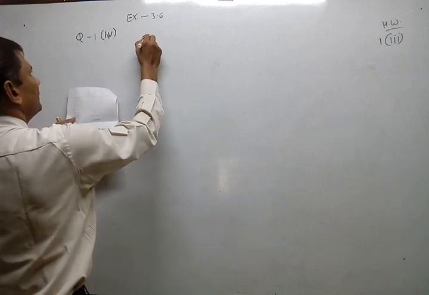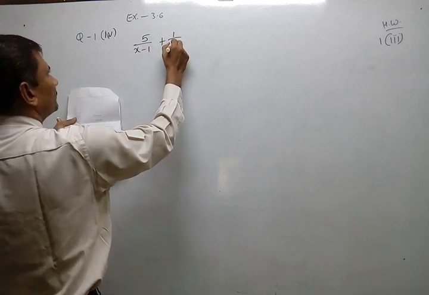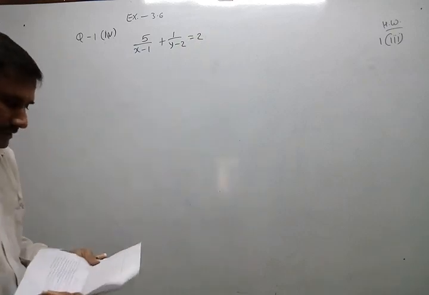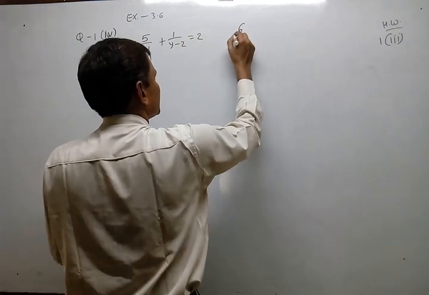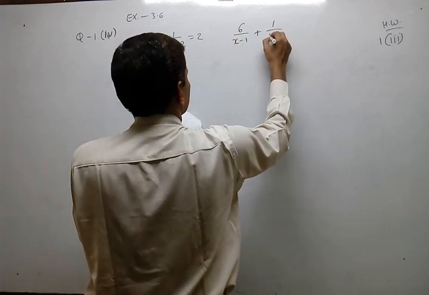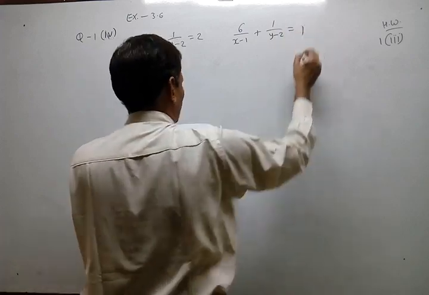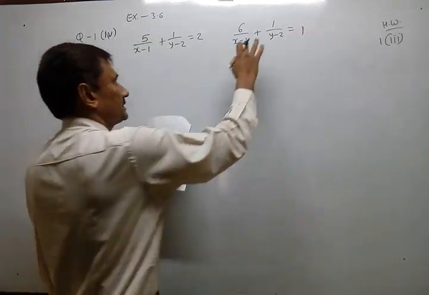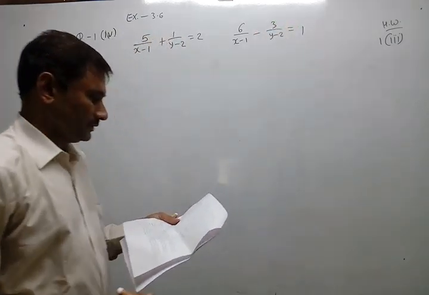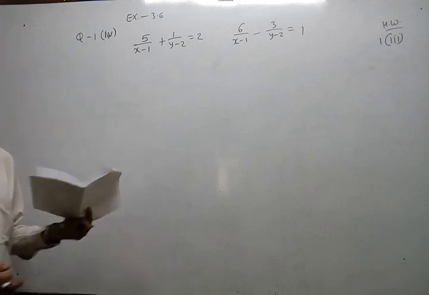Here is given 5 by x minus 1 plus 1 by y minus 2 equal to 2. Okay, and then 6 by x minus 1 minus 3 by y minus 2 equal to 1.